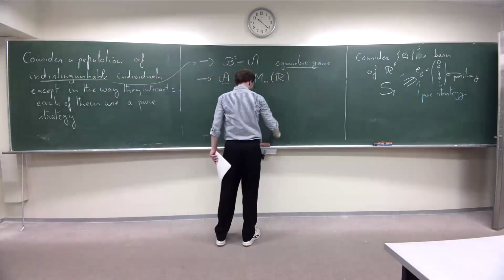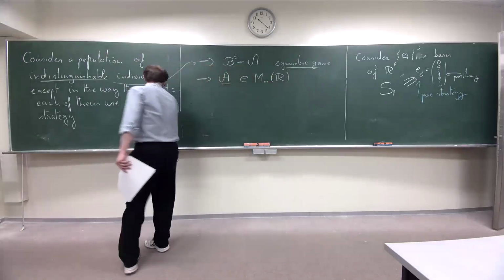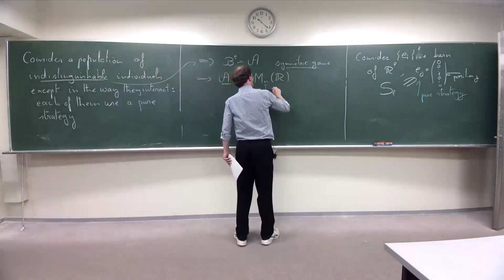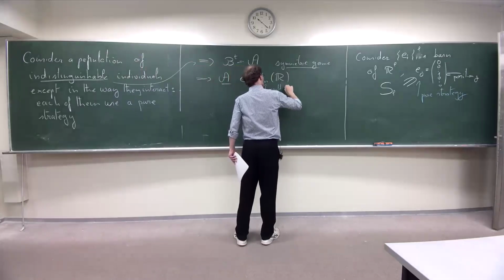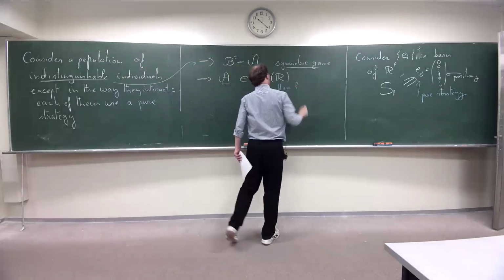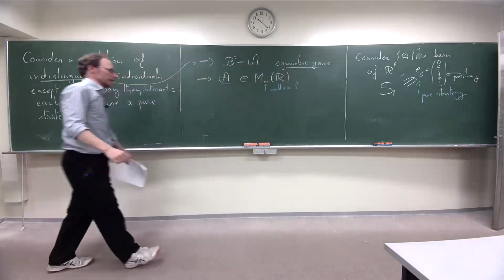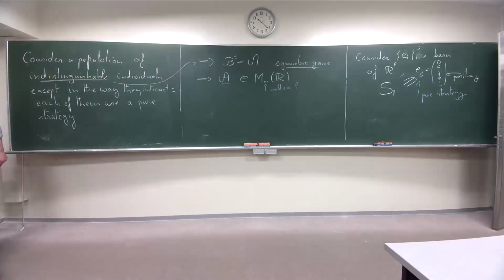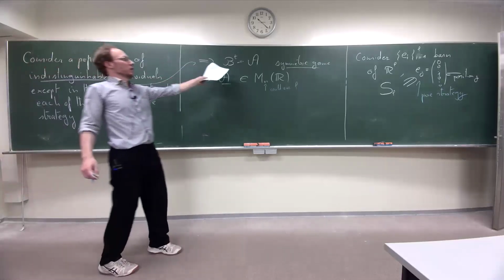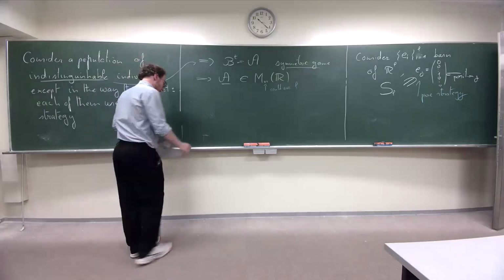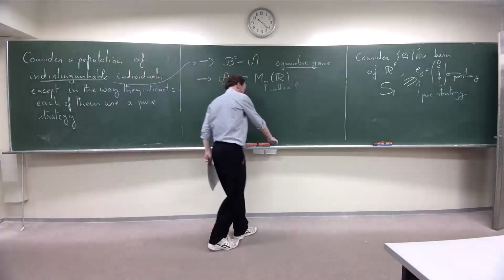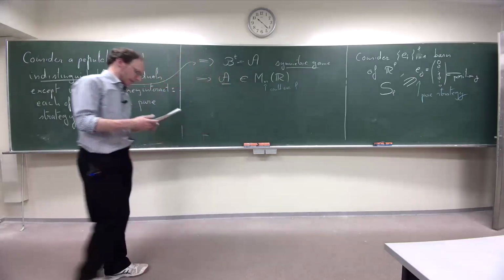The N is chosen for simplicity, I could use L, but because most of the theory has been constructed with N, I decide to use N here. Because of this condition, this matrix has to be a square matrix. So we are dealing with a symmetric game.